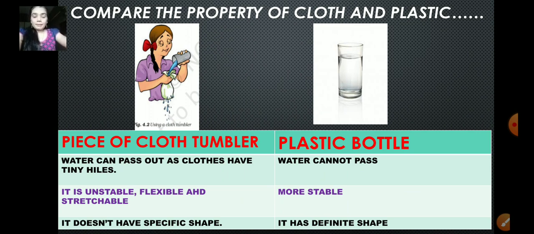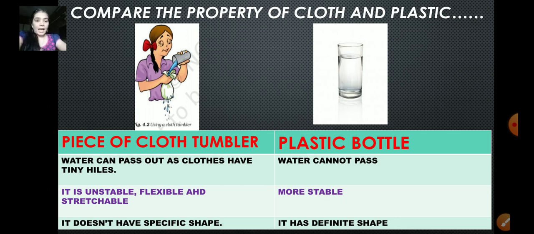So we select the material depending upon the properties and the purpose for which the object is to be used. So what are all the properties of materials that would be important for their usage? We are going to discuss some of the properties.